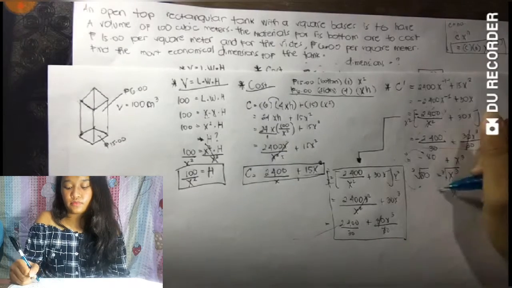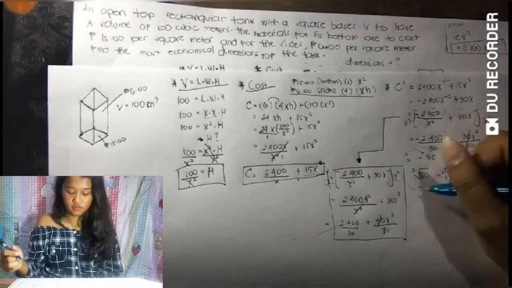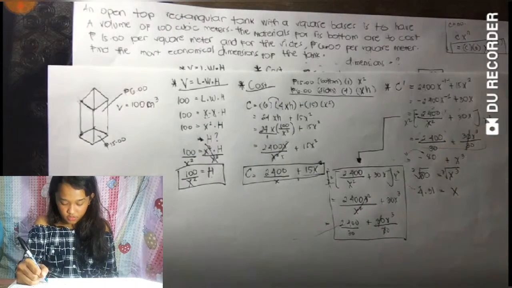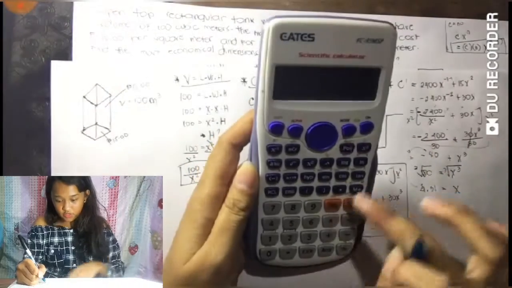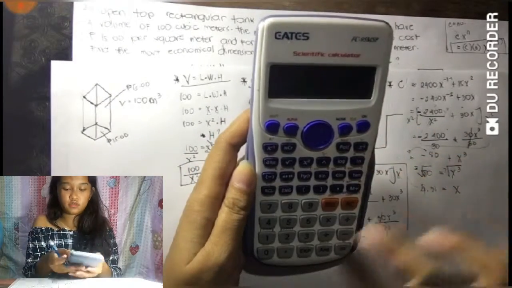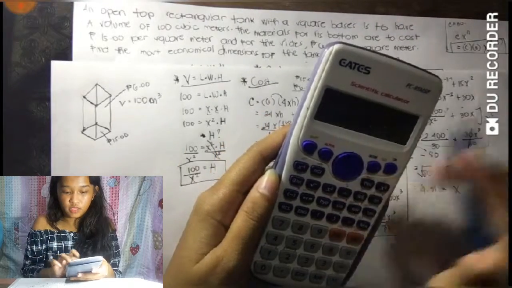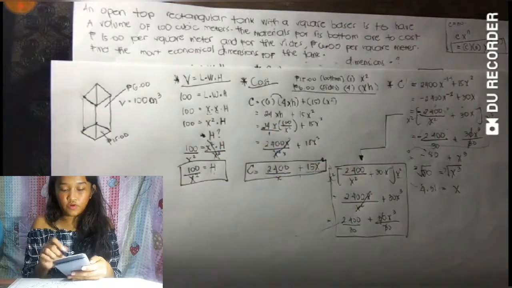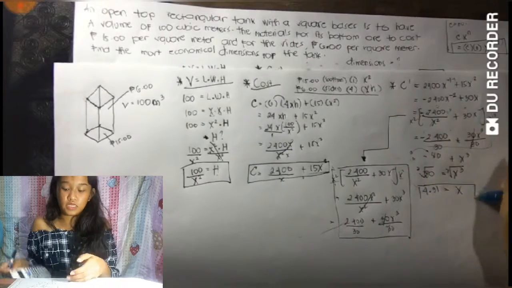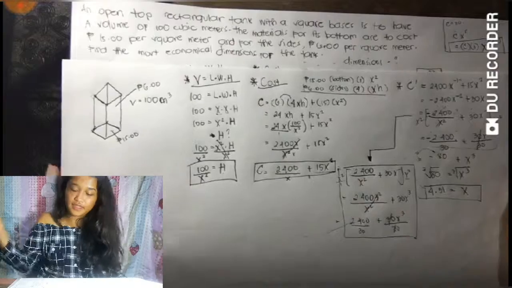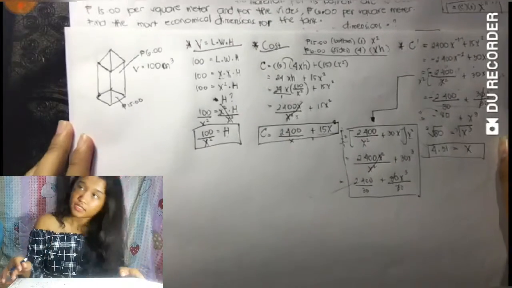Cube root equal to x equal to the cube root of 80, which is 4.31. And let's check it. The cube root of 80. 4.308886. 4.31.